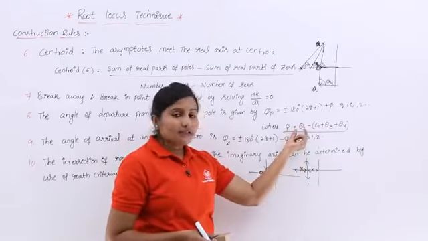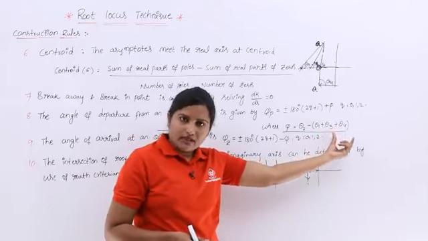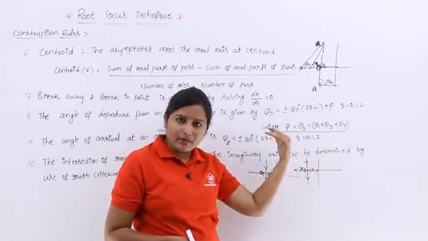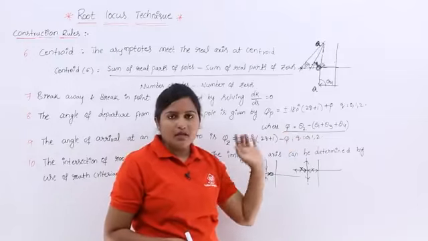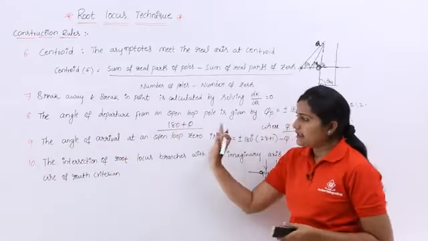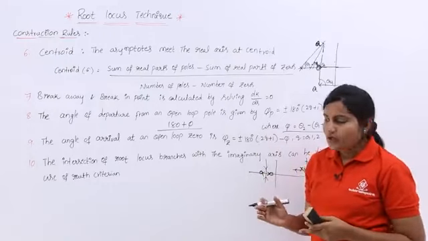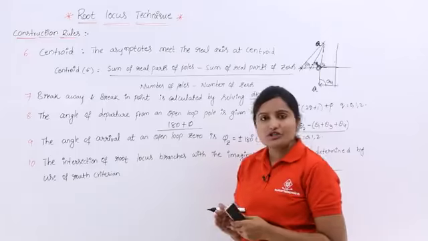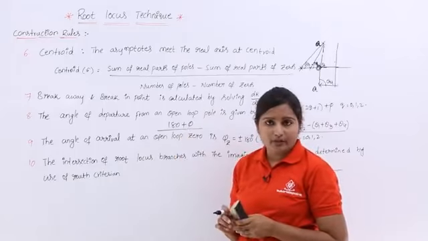So, we are adding the angles made by the zeros and subtracting the angles made by the poles. Like this, we are going to calculate the angle of arrival at an open loop zero, and the angle of departure at an open loop pole. And here the intersection of the root locus on the imaginary axis is also a very important point.